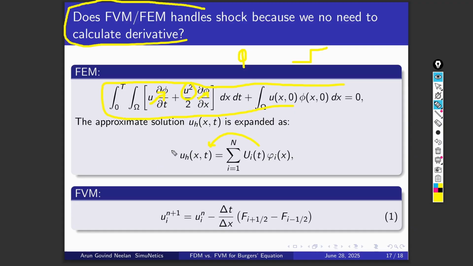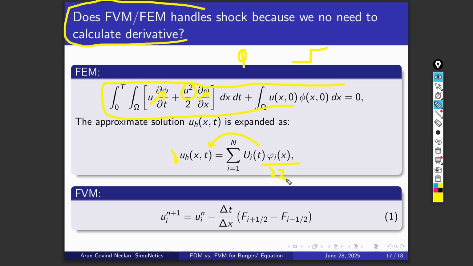In other terms, if we calculate derivative here, the derivative also comes here. So we are not escaping from derivative whether we solve finite difference or finite volume. But indirectly, maybe visually it looks like that, but in other way we will be calculating derivative.